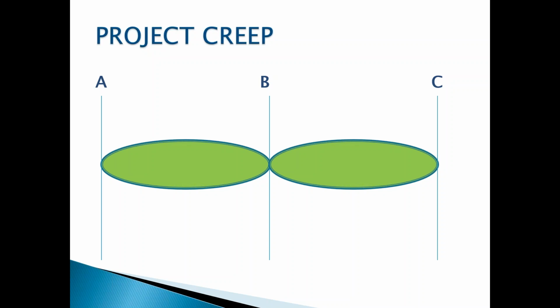Let's say we have, here's the start of the project is my A, and there's my medium or my median milestone. Like that could be like pouring a slab, and then my C is my finish date.